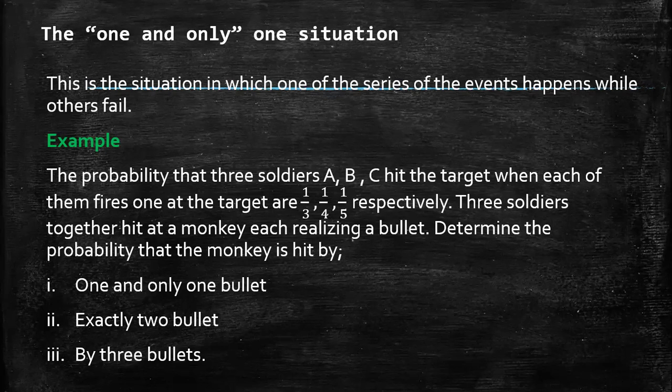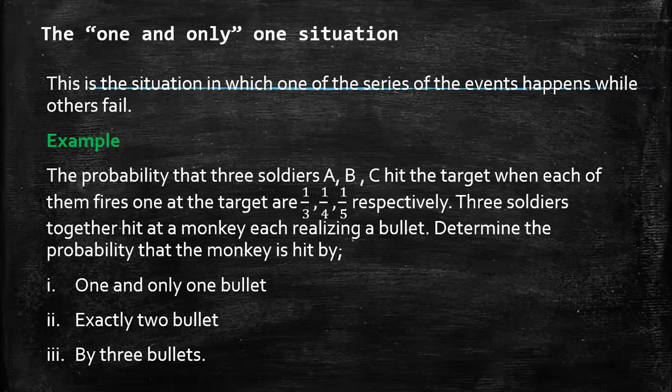For example, we have three soldiers, A, B, and C, who aim to hit a target. But that target can be hit by only one of them, because when one has hit the target, it becomes very hard for the rest to hit it since he has already done it.